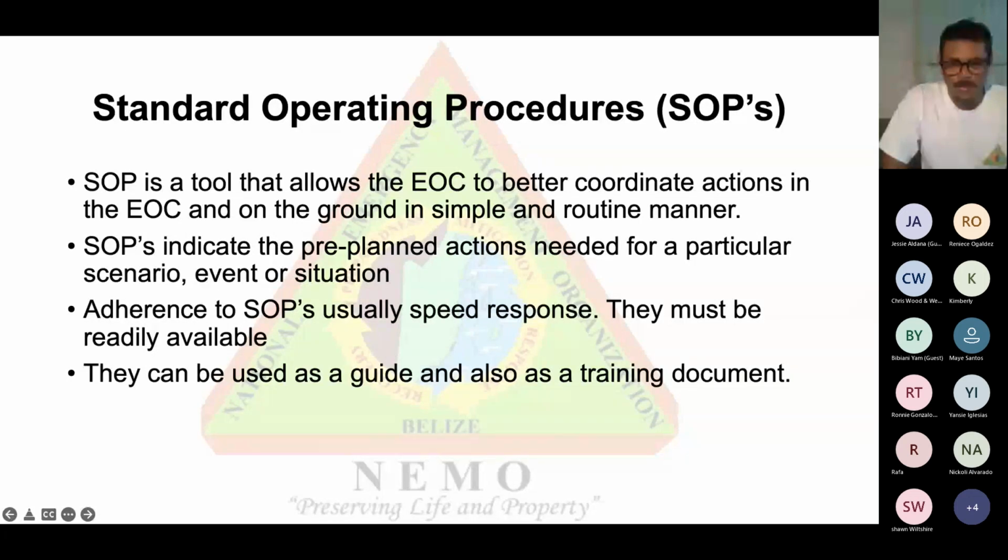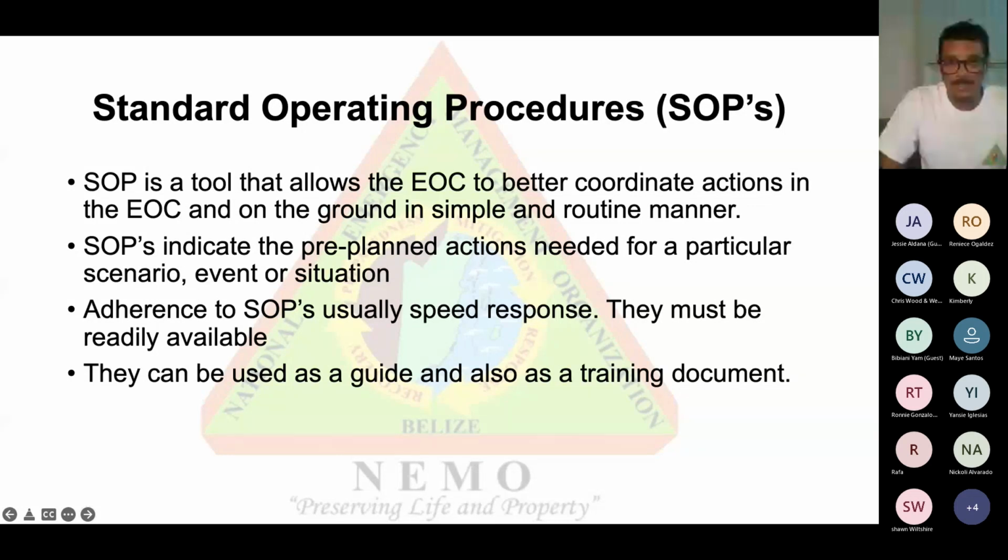So if you see an SOP for a hurricane, it would be sectioned off in different phases from the preliminary stage all the way down to the all clear. And each phase has a different set of actions and a different set of timing as per the tracking chart. Whenever we reach certain phases, we step into a different set of tasks, right?